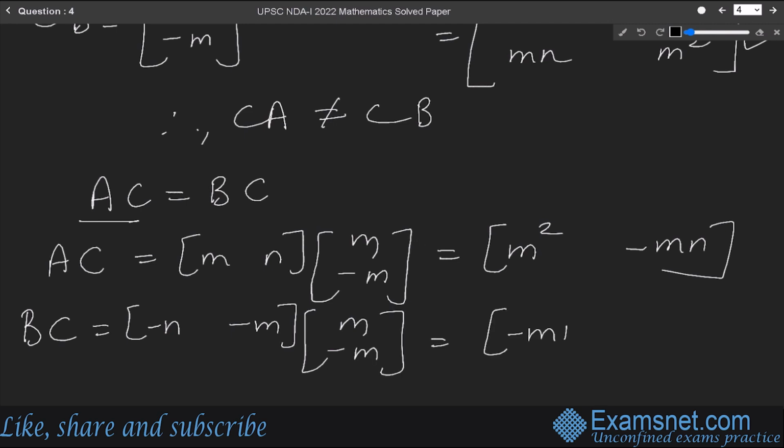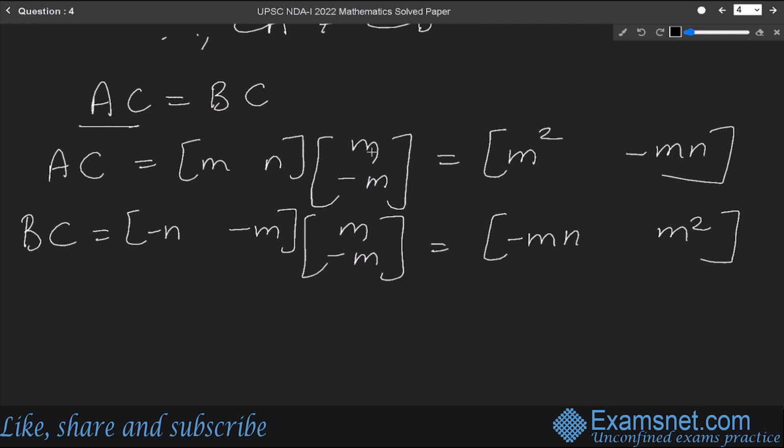On further multiplying, we get minus mn and m square. Now we can see that AC is equal to BC. As there is an m square here, here also there is an m square. Again there is minus mn, and here also there is minus mn. Therefore, we can say that AC is equal to BC. So option B is correct.